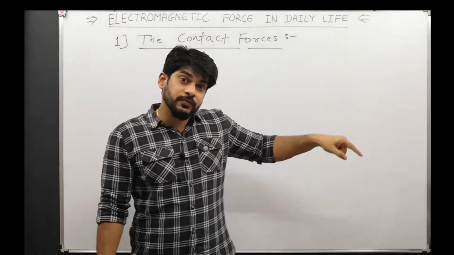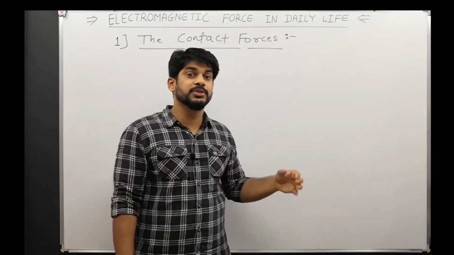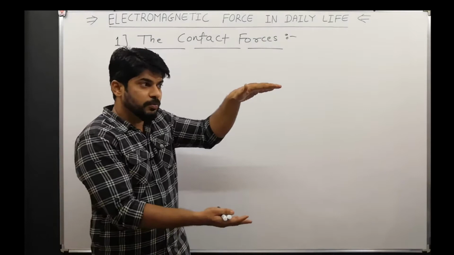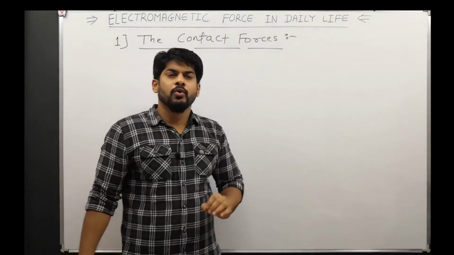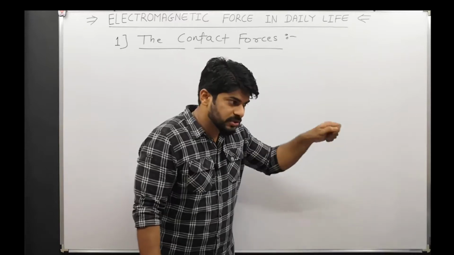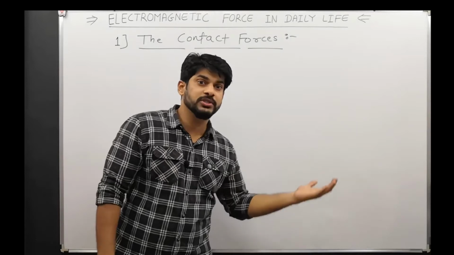Now these forces are actually very important. For example, take this table and the book. When you keep this book on a table, why is this book able to sit over there on the table? How does the table hold that book?